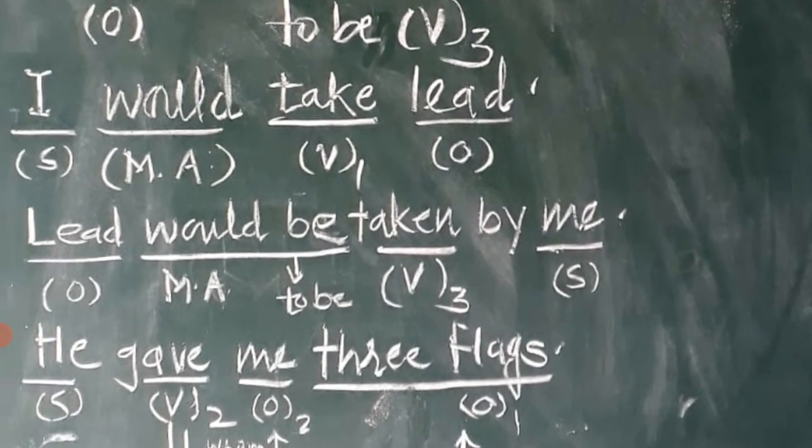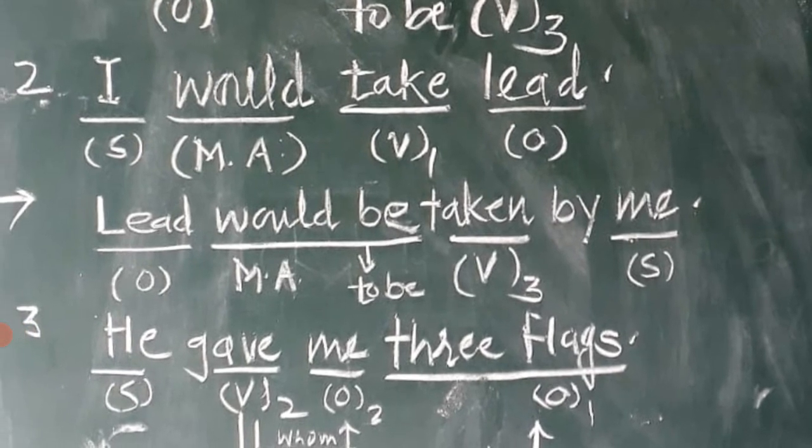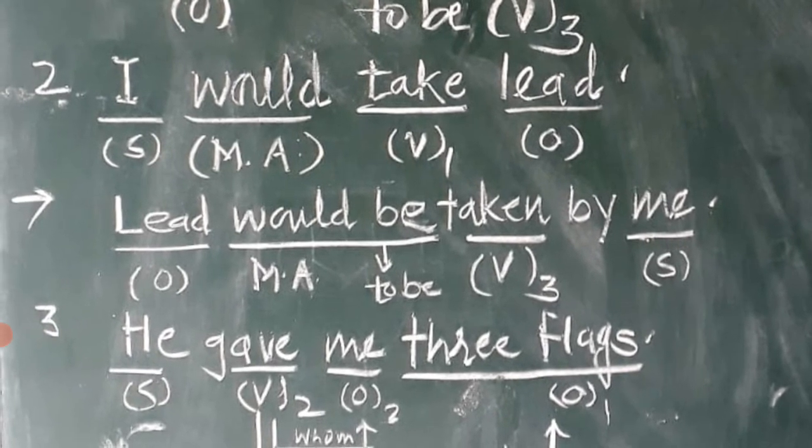Second example in this sequence is: I would take lead. You can see the labeling here; except would, the rest we can easily identify. I as a subject, take as a verb, and when you ask the question what, the answer is lead. Here the only additional word or auxiliary is would.